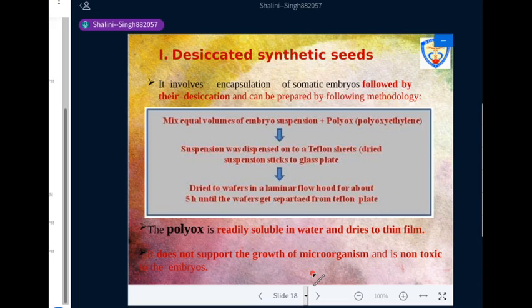Dry the wafers in a laminar airflow hood for about 5 hours until the wafers get separated from the Teflon plate. The polyox is readily soluble in water and dries to a thin film. It does not support the growth of microorganisms and is non-toxic to the embryos.